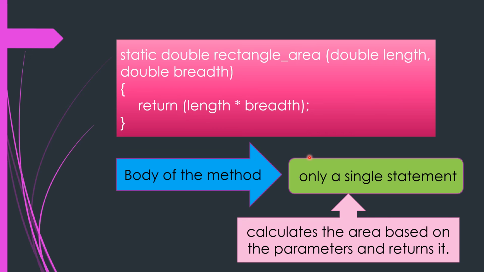Basically, as we discussed, the return statement actually returns the value from the method. So this is the method and using this return statement we are actually calculating the area based on these parameters length and breadth. And this return statement will return that value, meaning it will return the area.